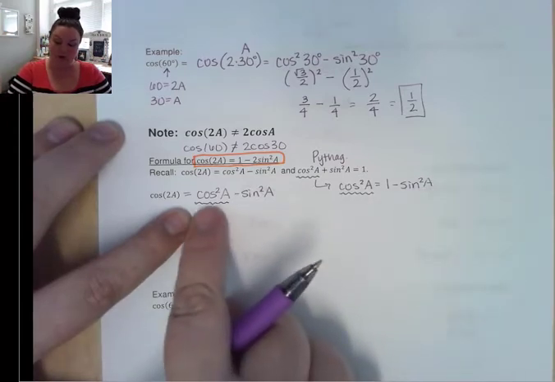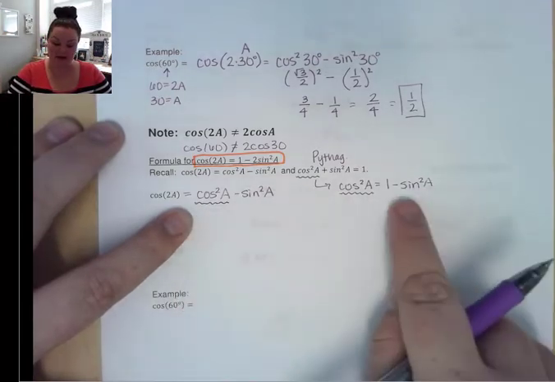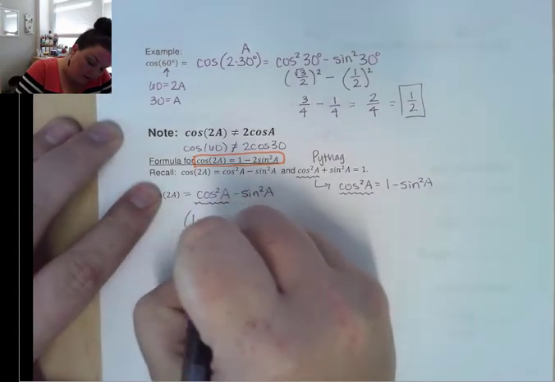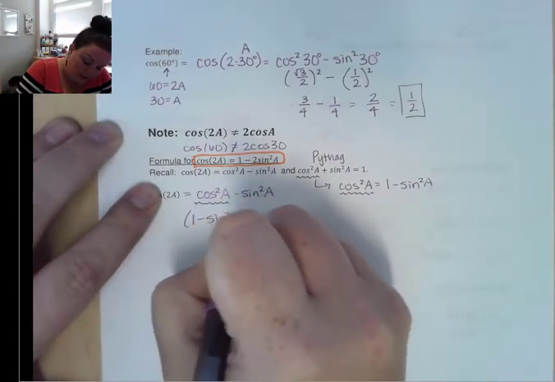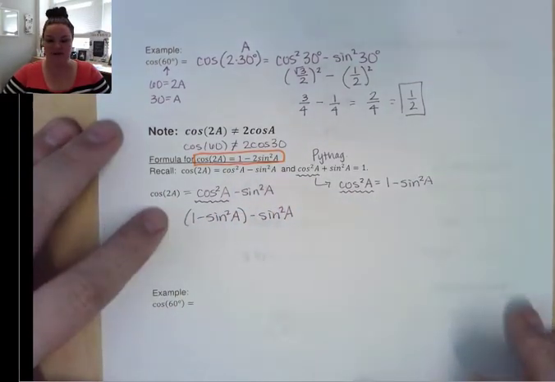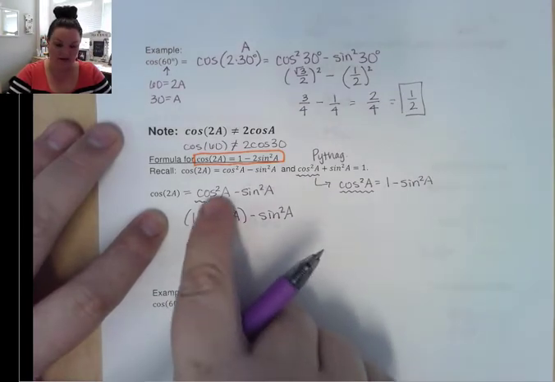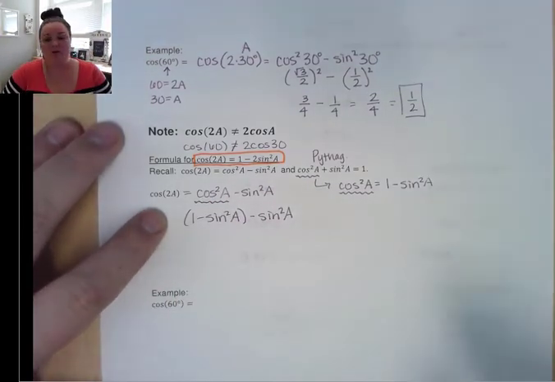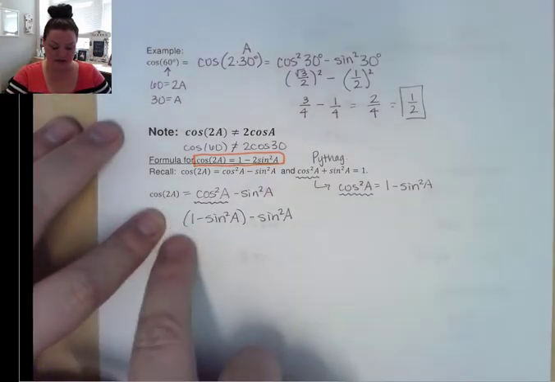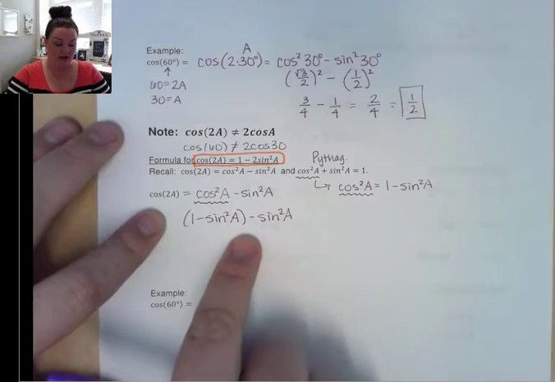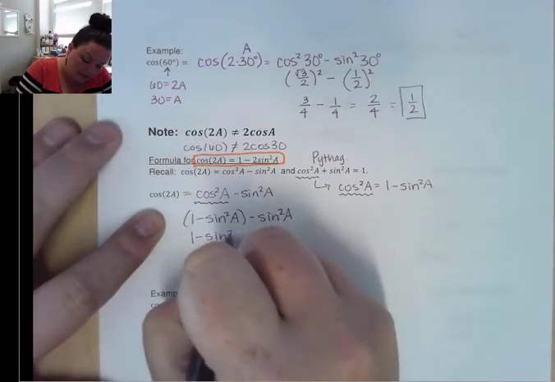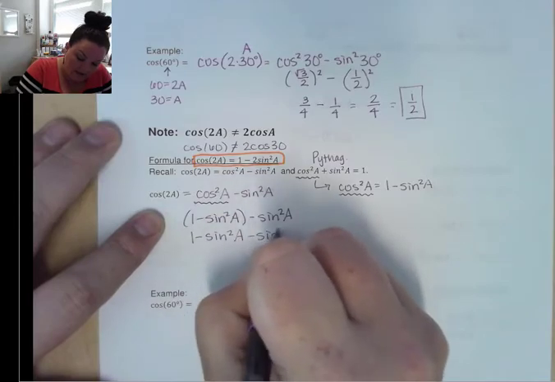So I'm going to replace this cosine squared a with what I found it to equal. Now we have 1 minus sine squared a, minus sine squared a. I put parentheses around it so you can see I'm substituting this in for that. But I don't really need the parentheses because there's nothing being done to that cosine squared a, so there's nothing being done to this quantity. If I drop the parentheses, I end up with 1 minus sine squared a minus sine squared a.